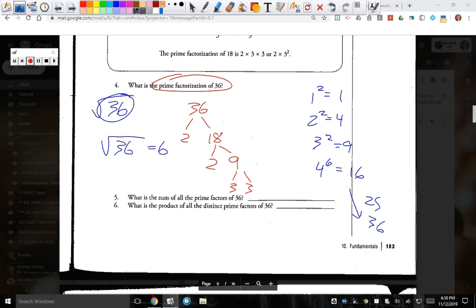Let me give you a different one. What if I said 54 square rooted? You'd have to break it down. Let's break it down a little bit first: 2, 27. You agree? Okay. Let's break it down some more: 9 and 3.